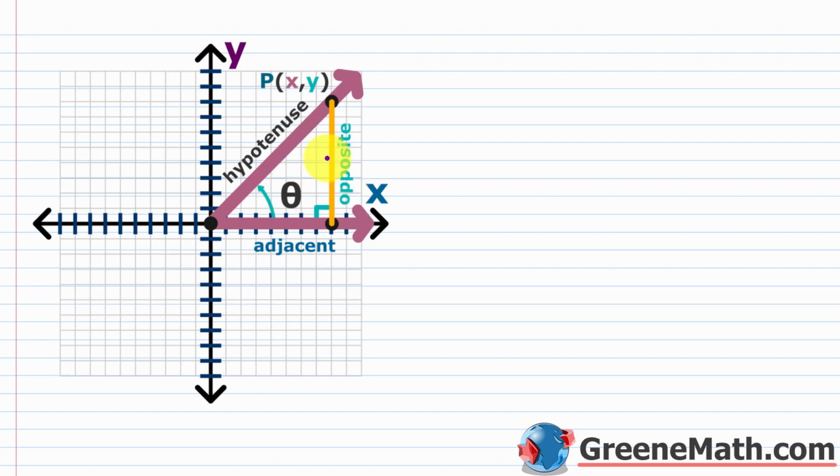So this guy is opposite of your angle theta. And then this guy right here is adjacent to it. Okay, and then of course the hypotenuse stays the same. The hypotenuse is always opposite of your right angle, your 90-degree angle. Okay, so what we can do now is say that, since this was y and this was x before and this was r, well, if we have sine of theta, we said before this was y over r.